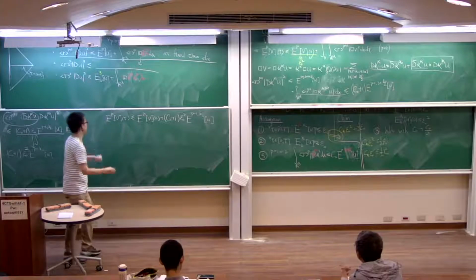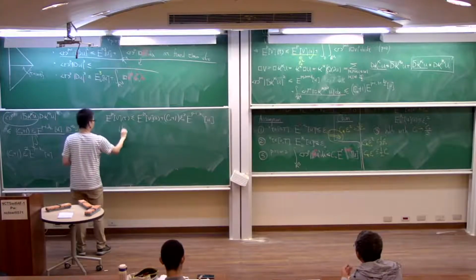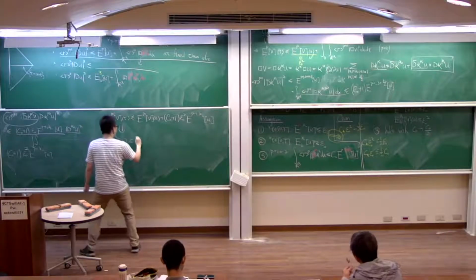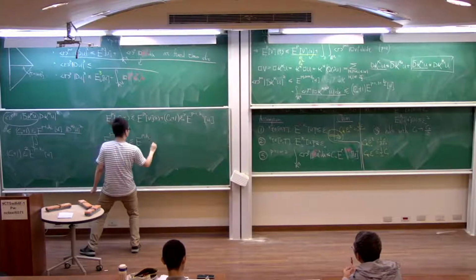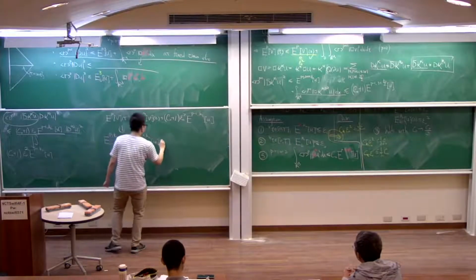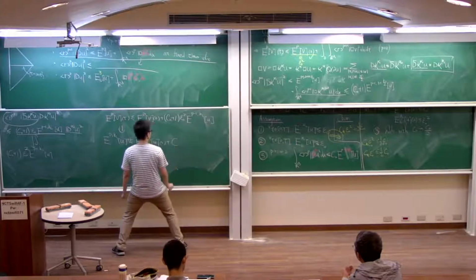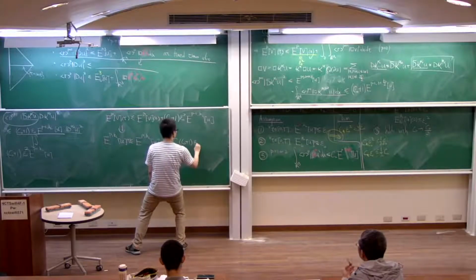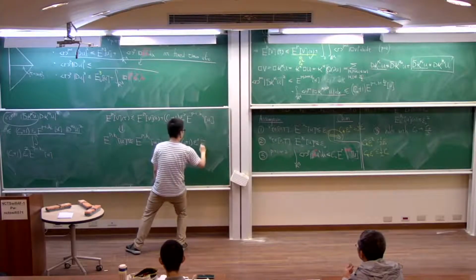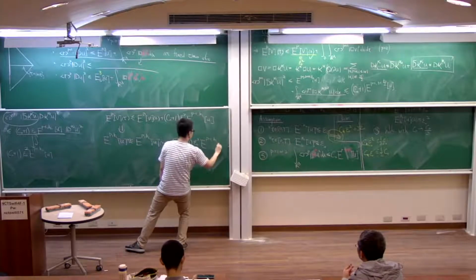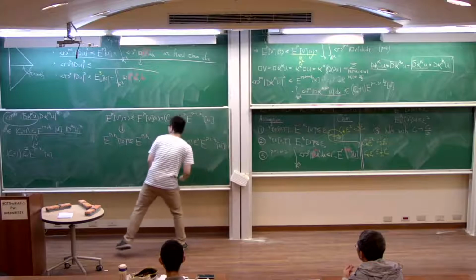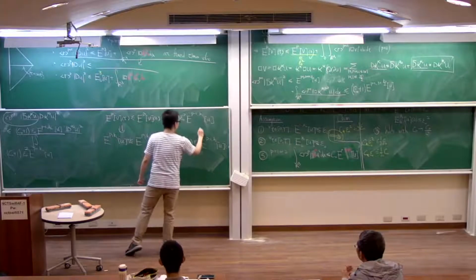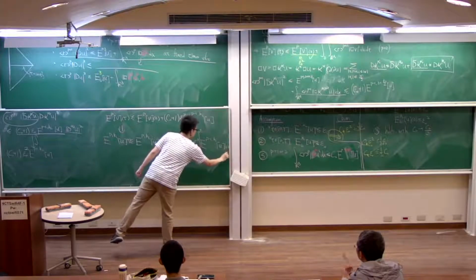Then summing over all multi-indices, we have EP KL U at time t bounded by this at time 0, and this is the same, a constant depending on KL, C naught plus 1, epsilon naught squared, EP minus 1, KL U. And here I forgot the integration, 0 to t prime, dt prime.